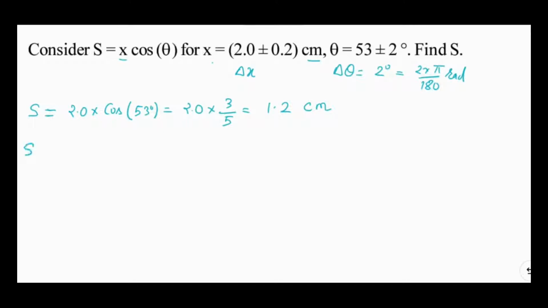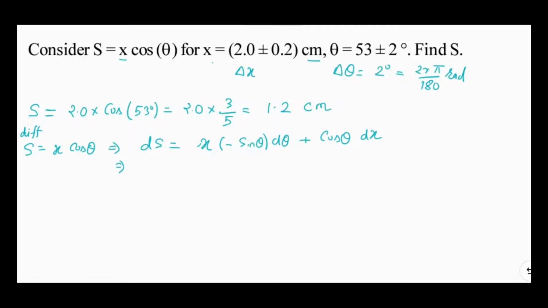Now for the error in s, let us differentiate the expression given. Differentiate s equal to x cos theta. By differentiation, I will get ds equal to x times cos theta's differentiation, which will be minus sin theta into d theta, plus cos theta times the differentiation of x, which will be dx.